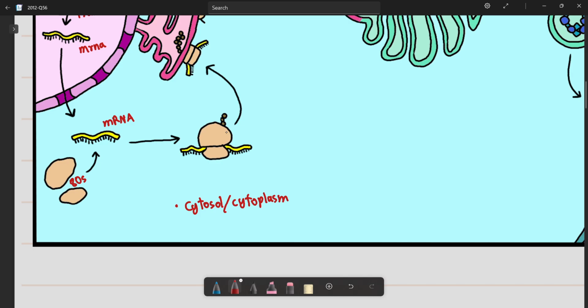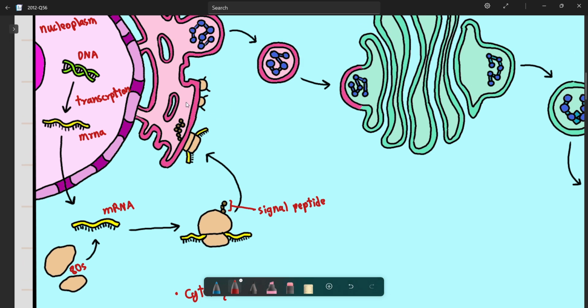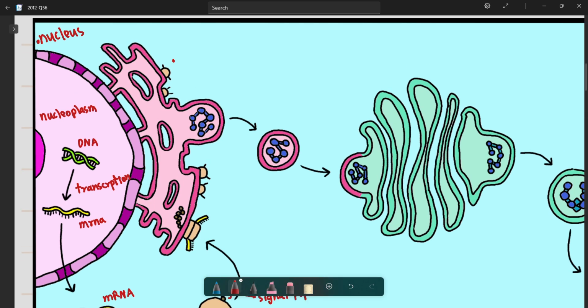As translation first begins in the cytoplasm, it produces one tiny polypeptide chain that you can see over here. This polypeptide chain is known as the signal peptide. Its main function is to signal the ribosome that its further translation must take place in this region, the endoplasmic reticulum, which is the rough endoplasmic reticulum, rough ER.